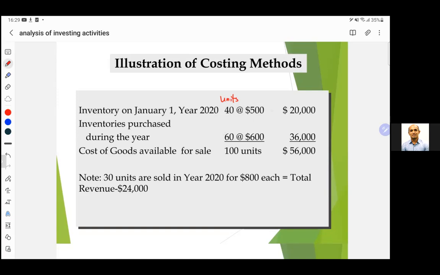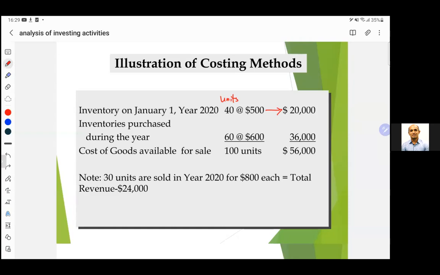Now you see your beginning stock value, 20,000. During the year, you have purchased 60 units at the price of 600.